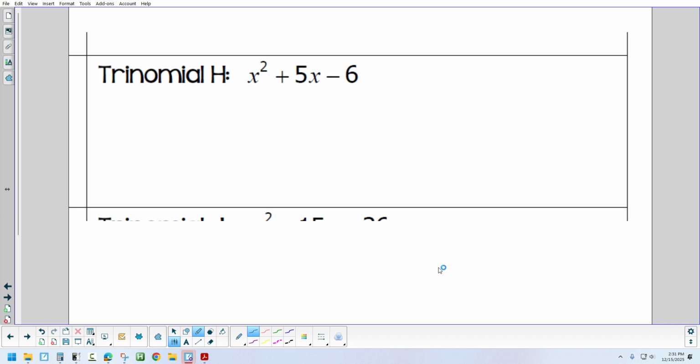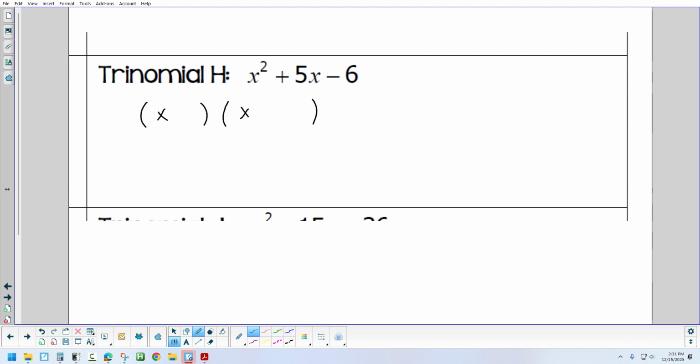What's my first sign in example H? Addition. What's my second sign? Subtraction. Can someone remind me, if you look at your chart, what do you use in the parentheses when the first one is addition and the second one is subtraction?